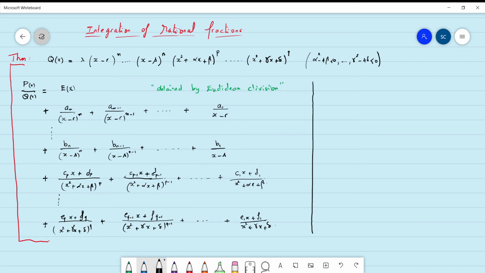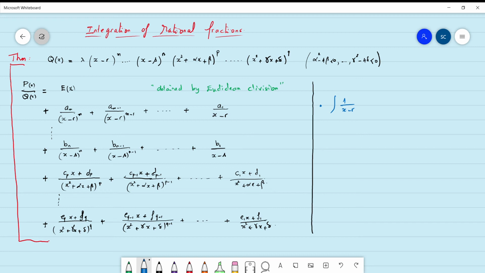So for a term like this one, for example, 1 over x minus r. Now if I want to integrate, to find an antiderivative of the fraction, it will be the sum of the antiderivatives of each term.